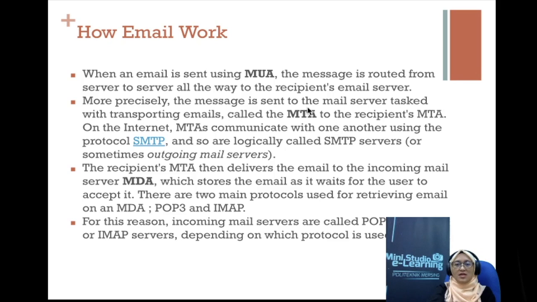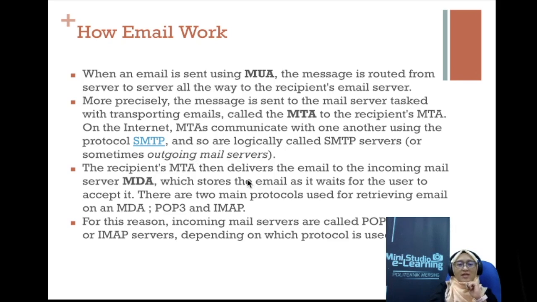So the MTA transports the email to the recipient MTA on the internet or intranet. MTAs communicate with one another using the protocol SMTP. So we use the protocol SMTP when we want to send our mail. So logically, we call it an SMTP server, or sometimes an outgoing mail server.